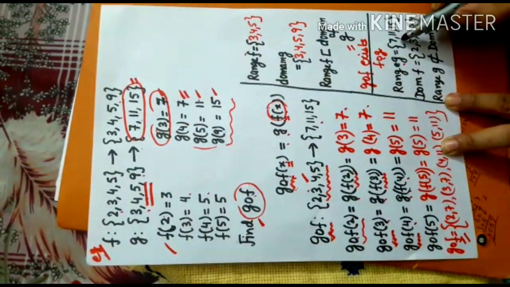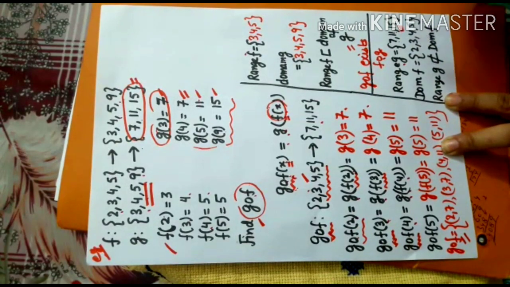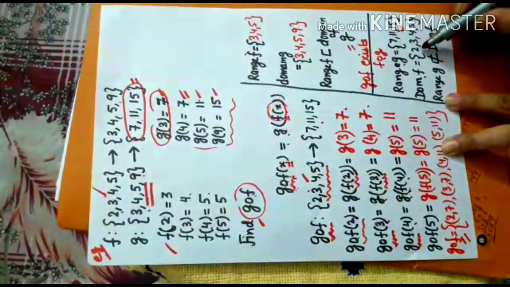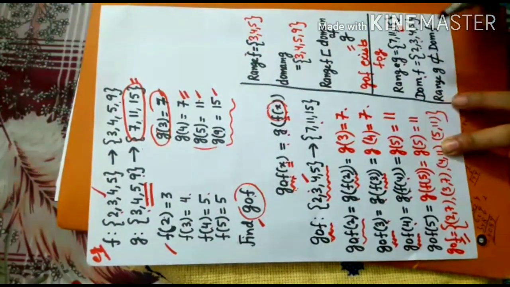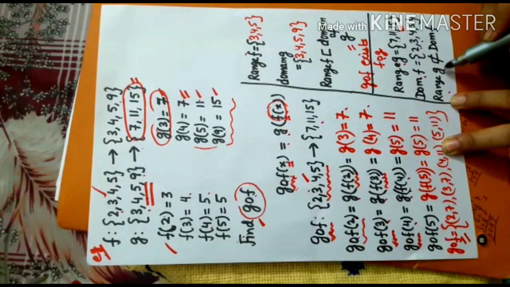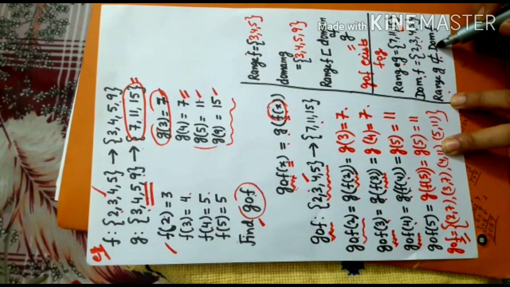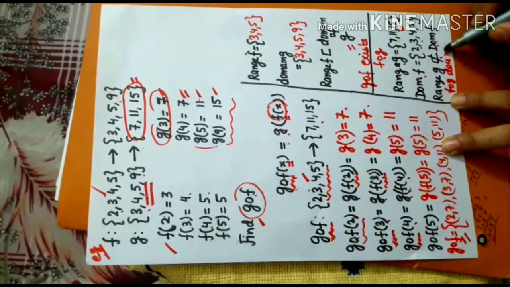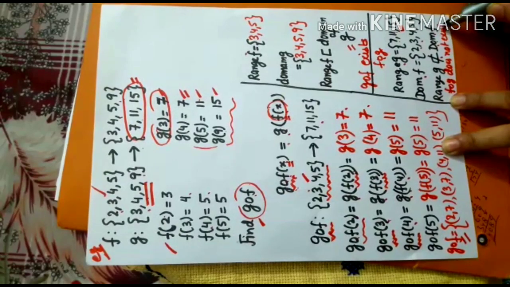So range of G is the set consisting of elements 7, 11 and 15. Domain of the function F is this set. Now you can see range of G is not a subset of domain of F. Therefore, FOG does not exist.